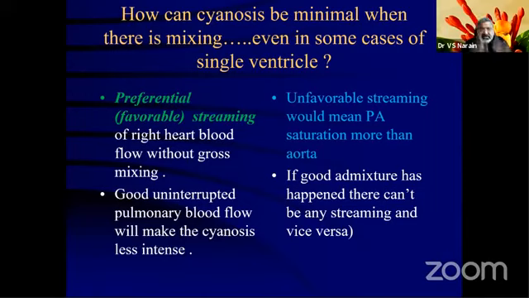So you have a preferential streaming, where deoxygenated blood is preferentially going into the pulmonary artery and oxygenated blood is preferentially going into the aorta. So this is a preferential or favorable streaming. And this produces a good uninterrupted pulmonary blood flow, and therefore the cyanosis is less intense.